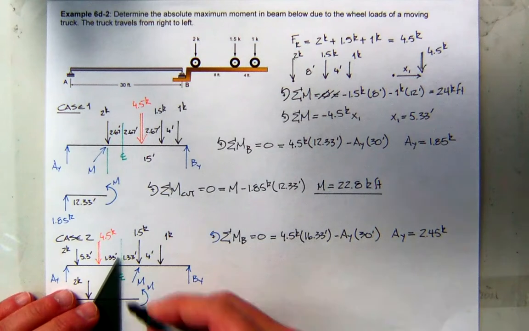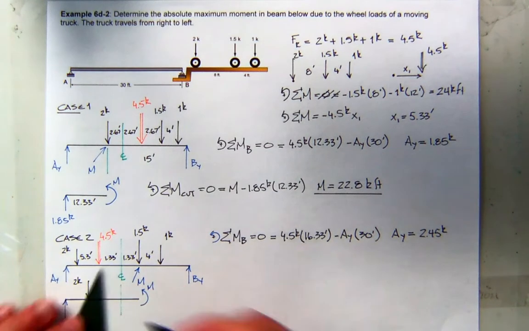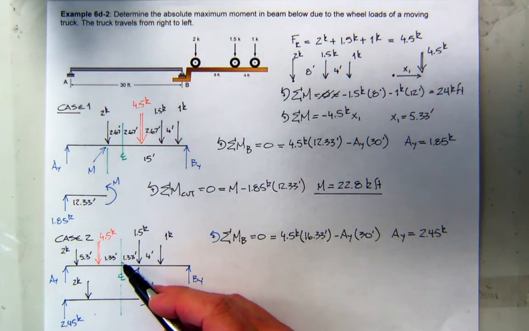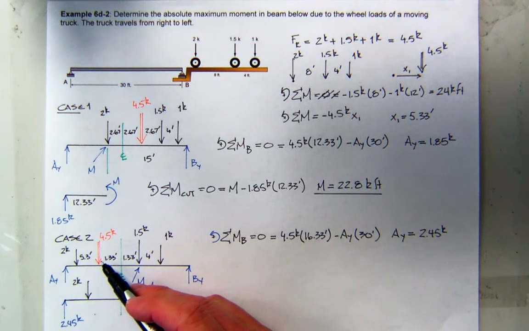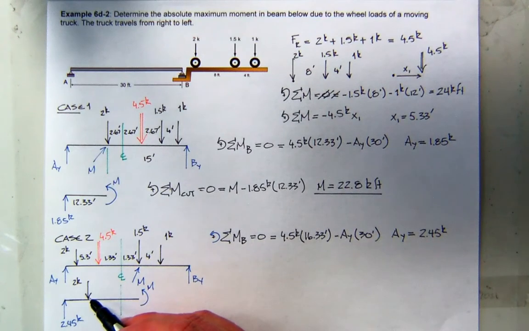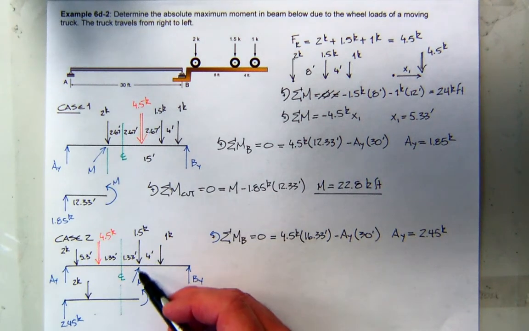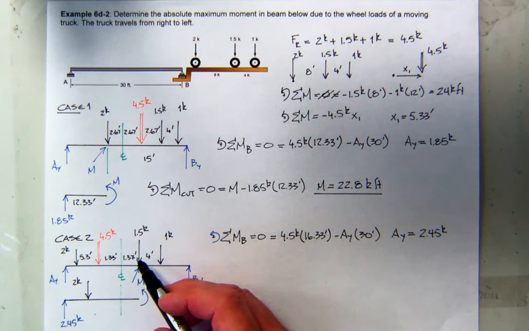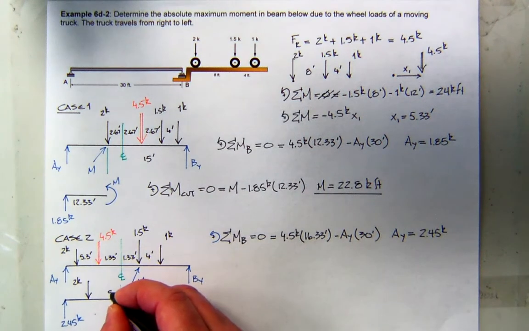I'll go ahead and just dot down the center line to give you a reference point of where we are. So this little piece here is 1.33, and another 1.33, and then 5. So the distance from here to here is what? 8 feet. Right? We're cutting it here. The distance from here to there, if you add all that up, is 8 feet. So this should be 8 feet.